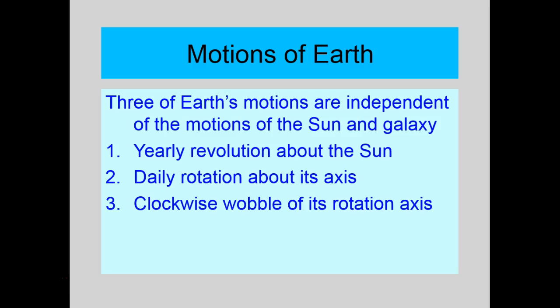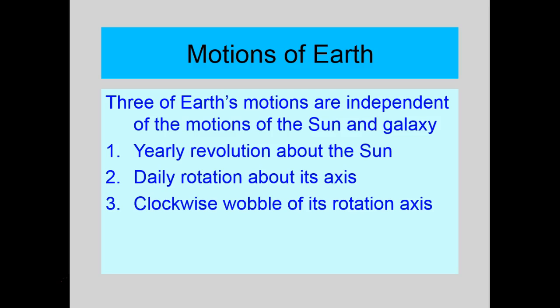Our yearly revolution around the sun, if Amanda was the sun there, we go all the way around in the course of a year. Our rotation about the axis, this is a revolution, that's a rotation. We do that once every 24 hours, we spin one time around. 365 days and a fraction to go around the sun.